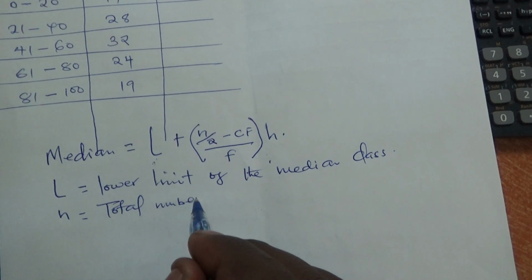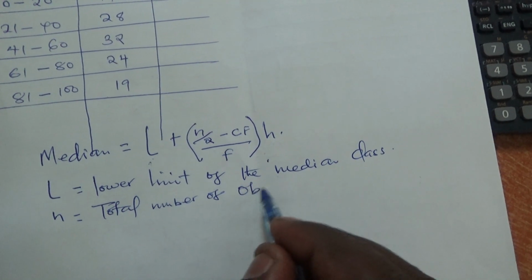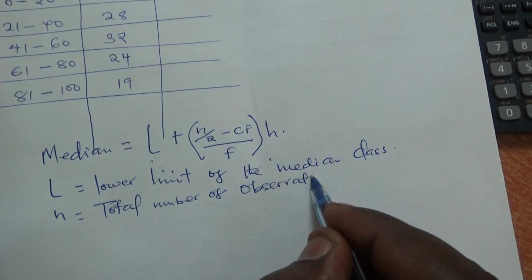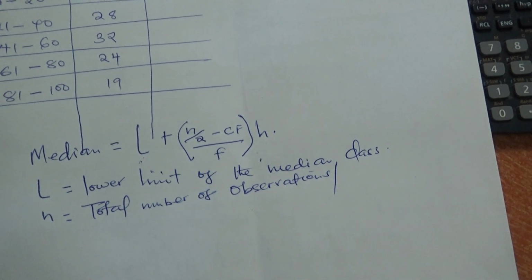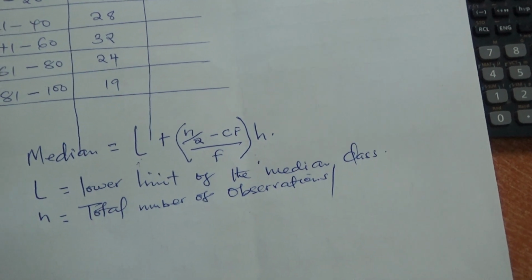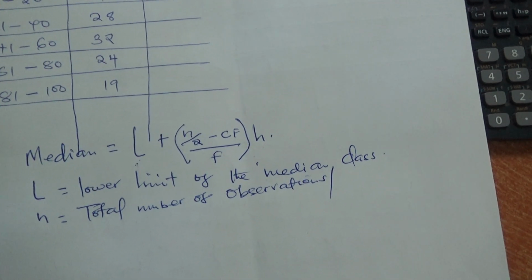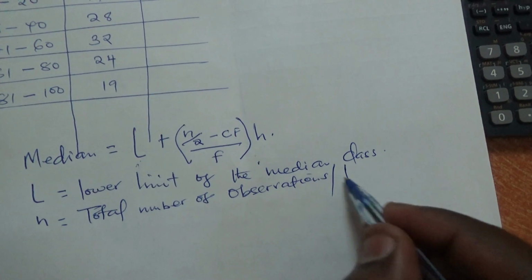Then N is the total number of observations, or total number of occurrences, depending on the question, or total frequency.